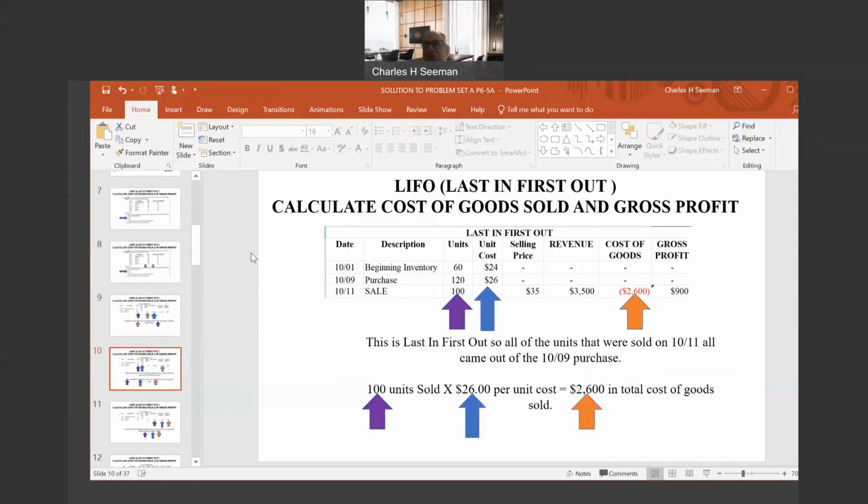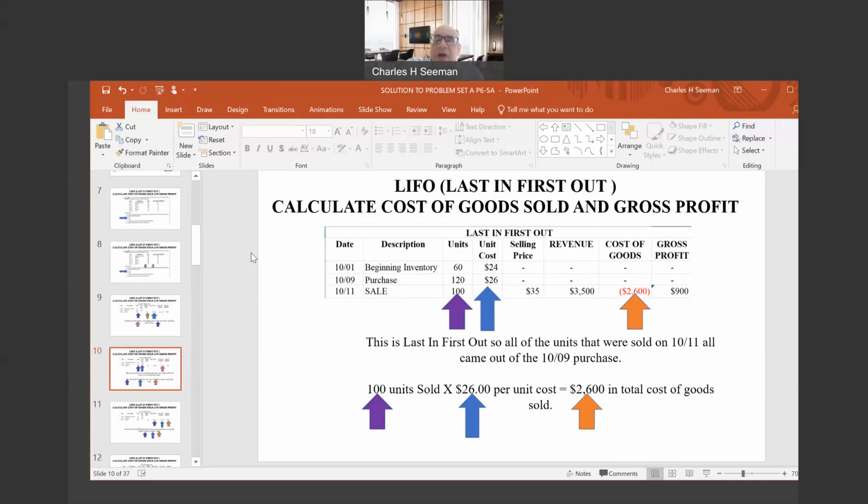The cost of goods sold is the units that are used to satisfy that sale. So in this case, the 10/11 sale of 100 units all came out of the 10/9 purchase at $26 per unit.